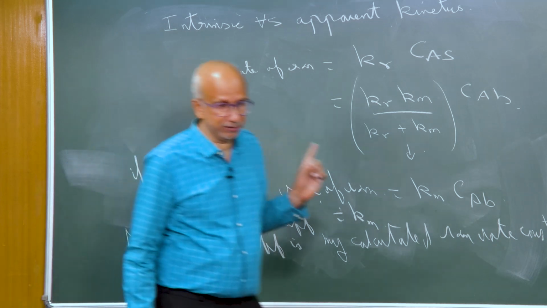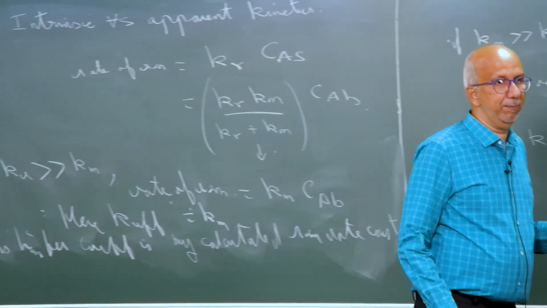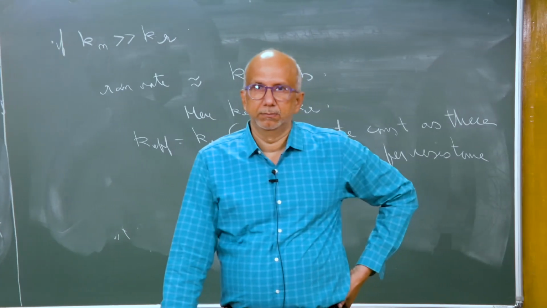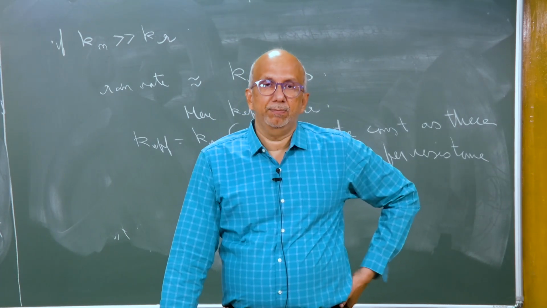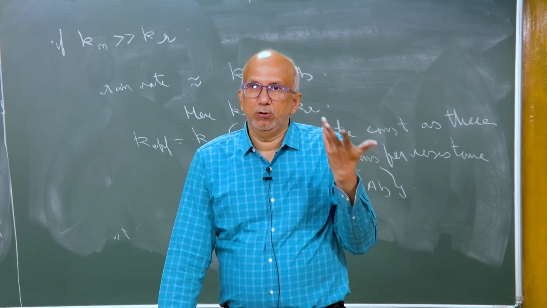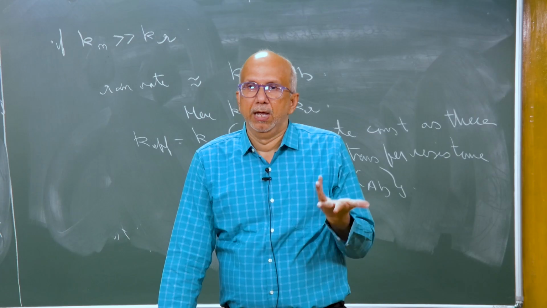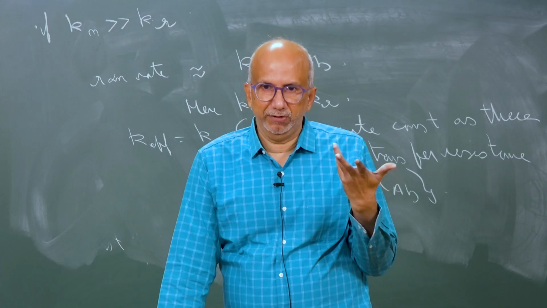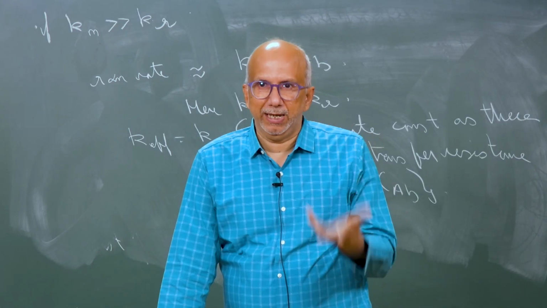And that is what I mean by saying intrinsic kinetics and apparent kinetics. Intrinsic kinetics is Kr, okay, but because of mass transfer resistance, the rate constant that you are going to measure can be different from Kr. If Km is very, very low, you are going to end up measuring Km.